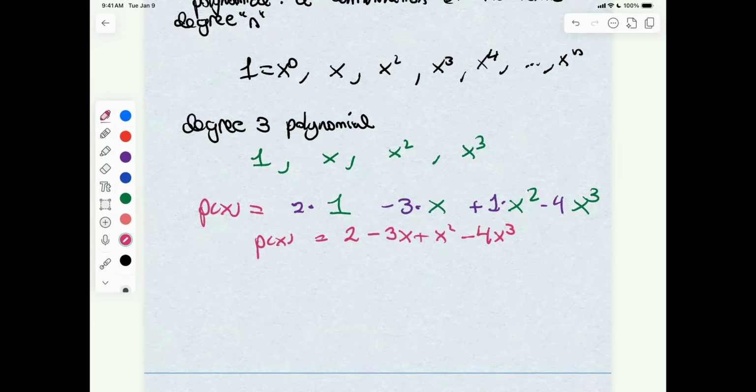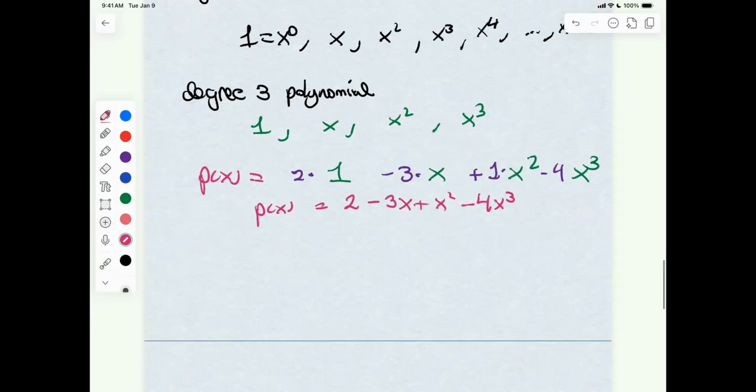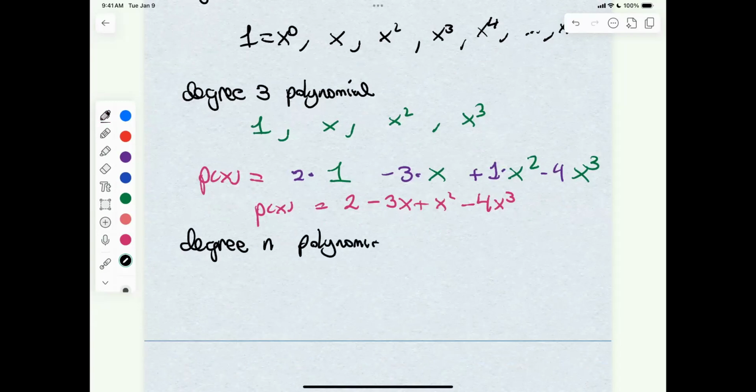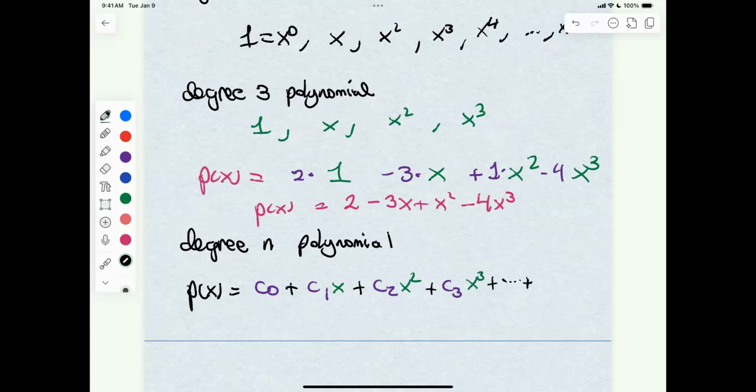So in general, a degree n polynomial, let me put it here because otherwise this slide is going to kill me, is a constant term, which I'll call C0, plus C1 x plus C2 x squared plus C3 x cubed, up to Cn x to the n.